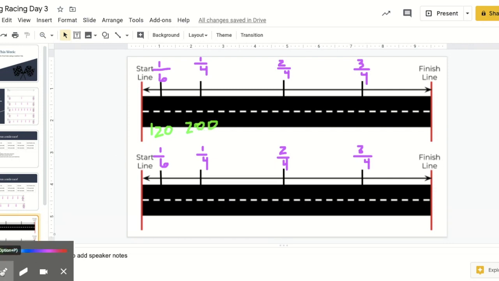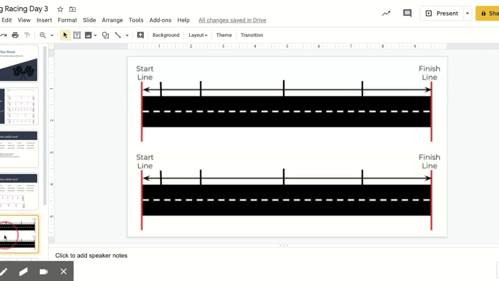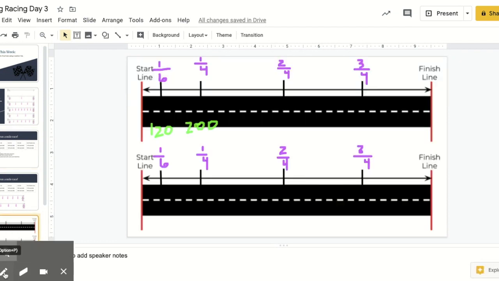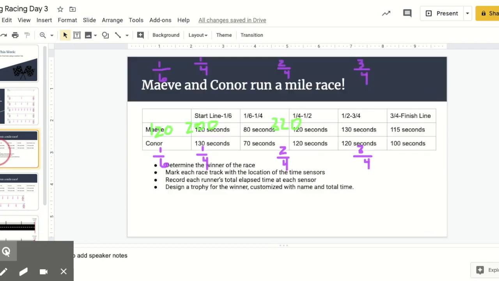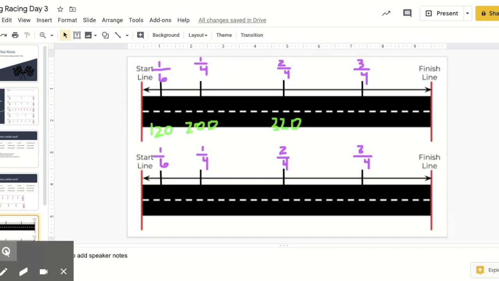From 1/4 to 2/4, or 1/4 to 1/2, she ran for 120 seconds. So we need to think about what is 200 plus 120, 320. From 2/4 to 3/4, she ran 130 seconds. So what is 320 plus 130?